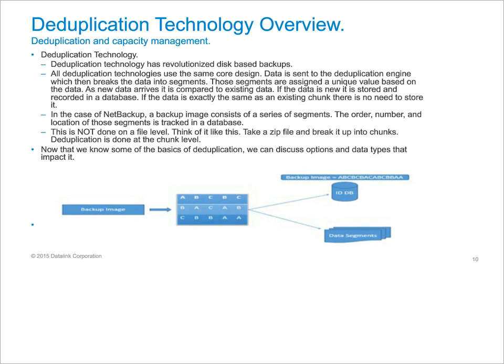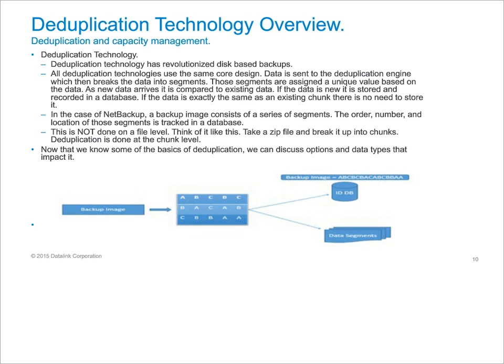Starting off with the overview of the deduplication technology. The core concept of deduplication is that we don't need to store the same segment of data multiple times and have a one-to-one ratio. From a high-level view, all deduplication has the same basic principle. Data is sent to the deduplication engine, which breaks the data into segments.